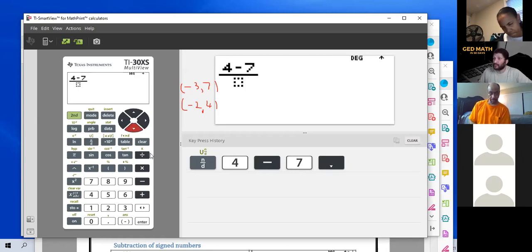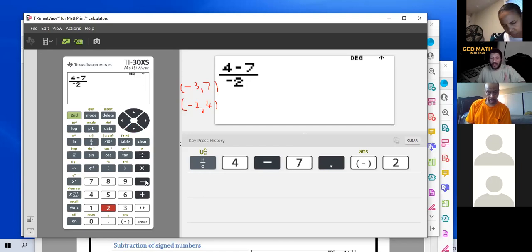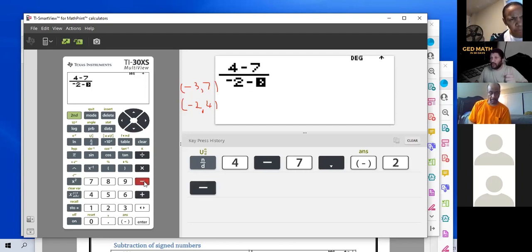What's x2? Negative 2. Because it starts with a negative, you have to use this negative near enter, as we discussed earlier with signed numbers. So minus 2, and then we want to subtract, and then what's y1?